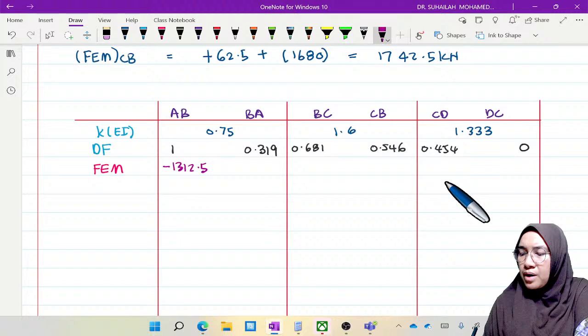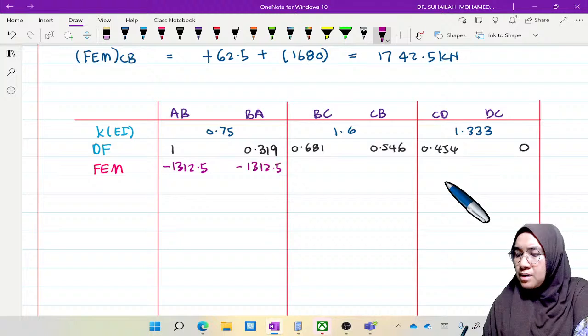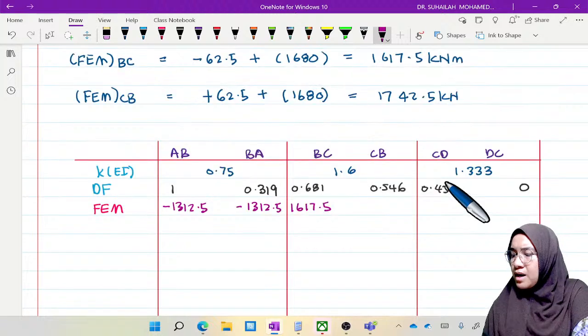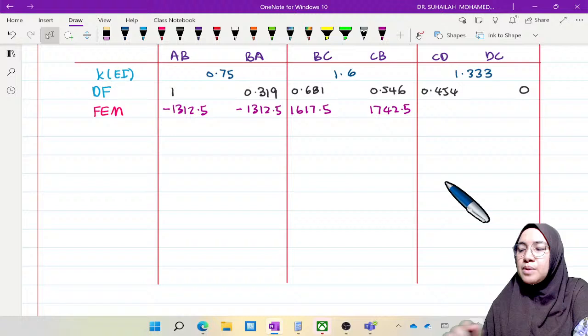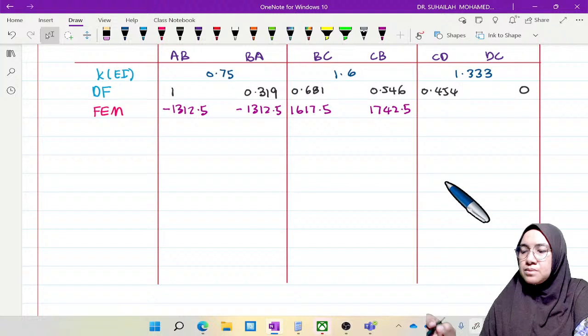Then for BC it is 1617.5, and CB is 1742.5. Okay, then we can start distribution.